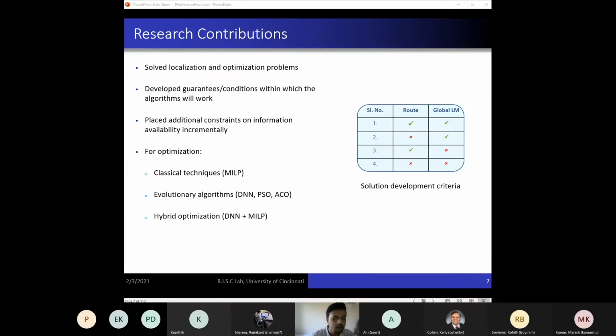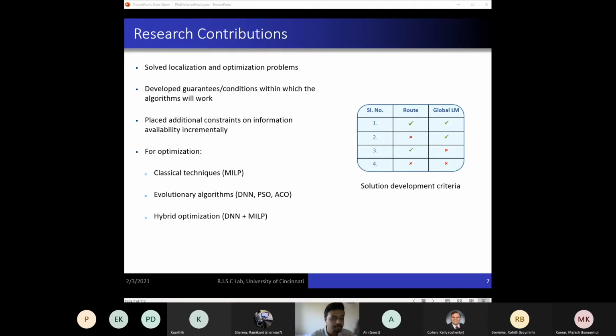During my research, we solved localization and optimization problems with a focus on optimizing resource utilization. We developed conditions under which our algorithms are guaranteed to work. Incrementally, we have explored problems with added constraints and challenges.